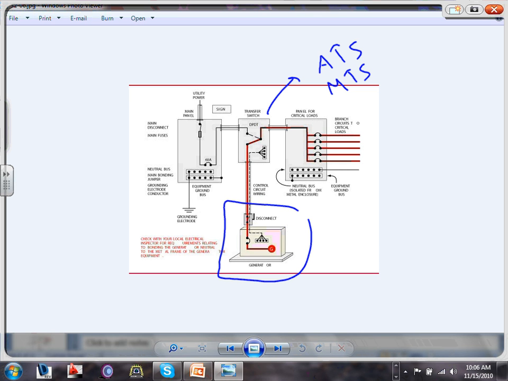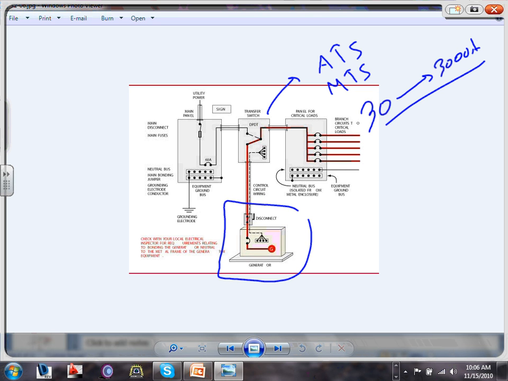Especially since we're talking about residential, a manual transfer switch is the most common, because auto will cost you an arm and a leg. These switches, like any other switch, you can get from 30 amps all the way to 3,000 amps. How much would an auto one cost versus manual? You have any idea?